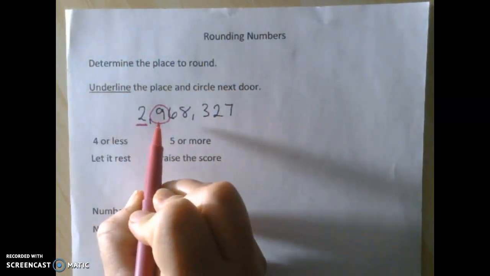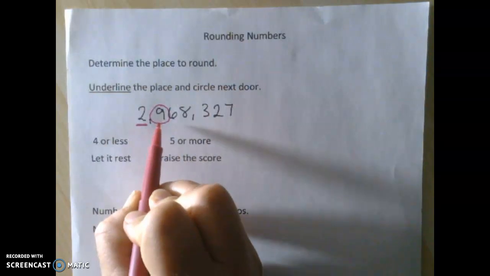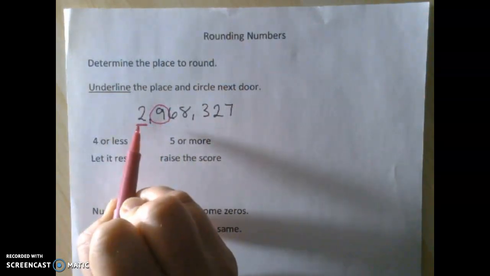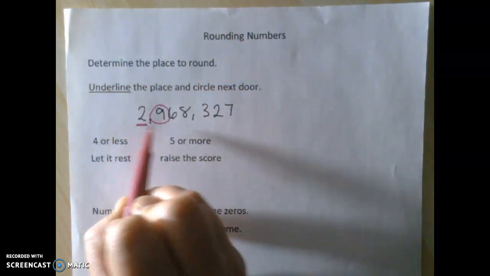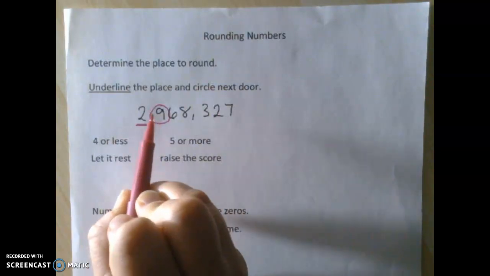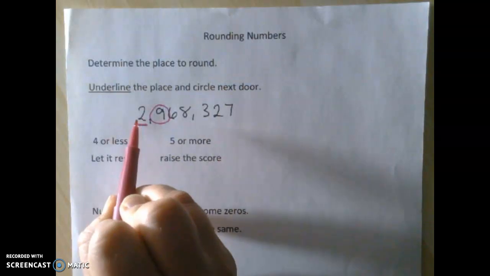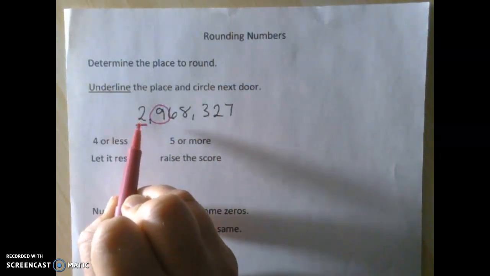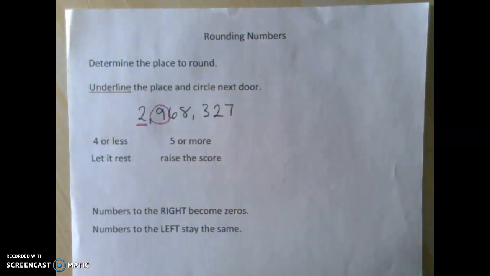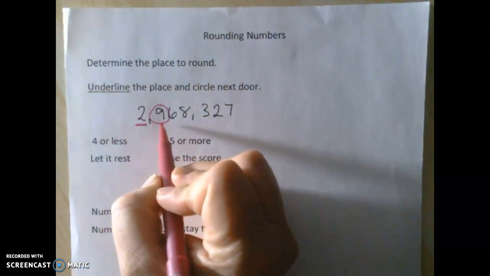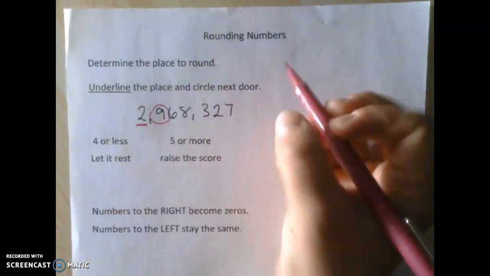This digit on the right side, or the next door neighbor to the digit that we are rounding, is like our boss. This digit is going to determine what we are doing with this digit.